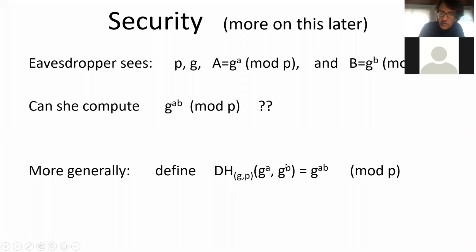So I choose a random argument, and you have to give me the value of the function on this random argument. This is not exactly the same as a one-way function, because in the one-way function experiment, I pick an argument x, and I give you y equals f of x, and you have to invert the function.